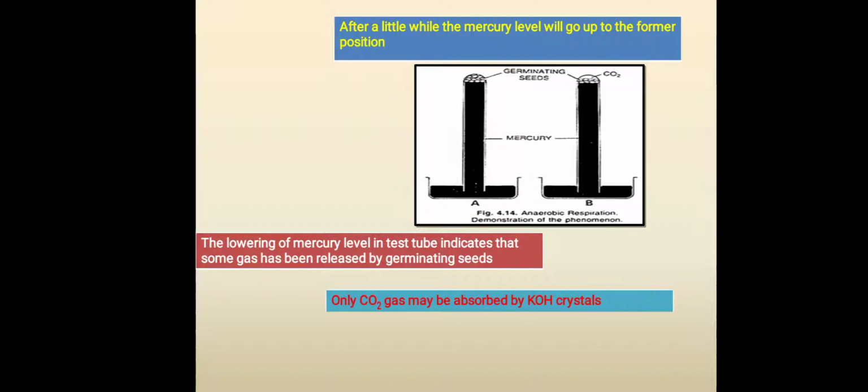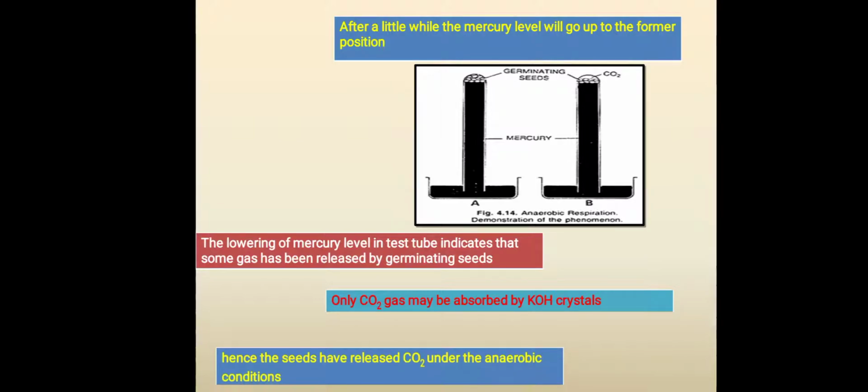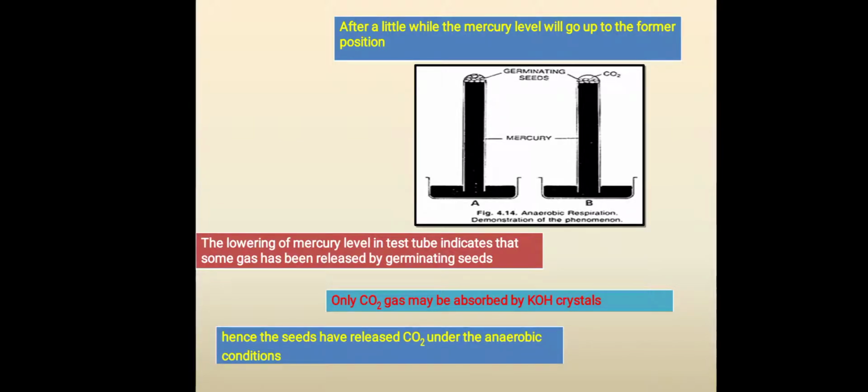Only CO2 gas may be absorbed by potassium hydroxide crystals. Hence, the seeds have released carbon dioxide under anaerobic conditions.